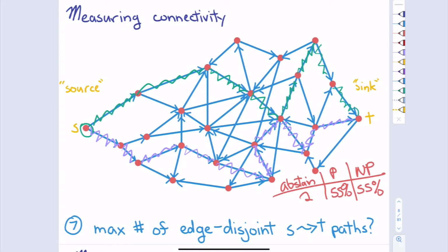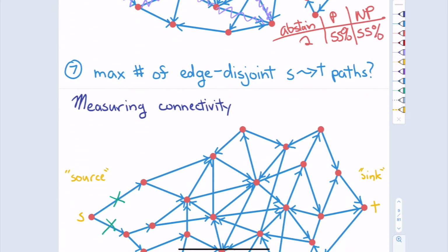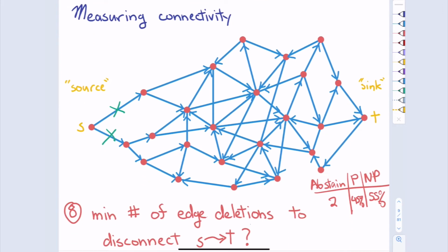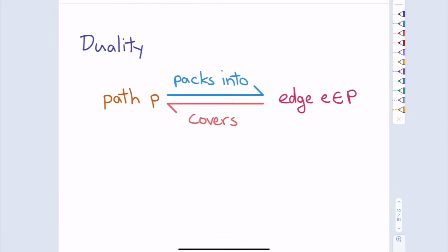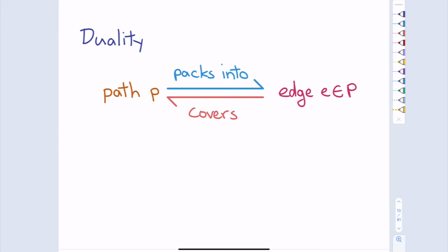Okay, so the maximum number of edge disjoint paths, I'm just trying to pack paths going from left to right in this picture. The minimum S-T cut, I'm just trying to delete edges so that S can no longer get to T. And one very important feature about these two problems together is that at some level they are dual to one another.